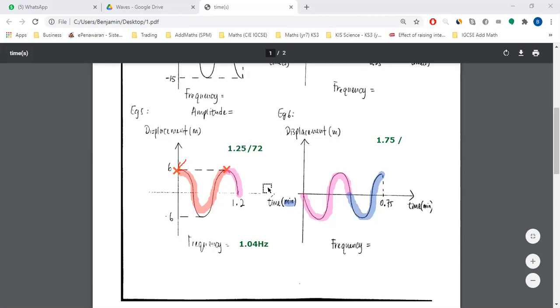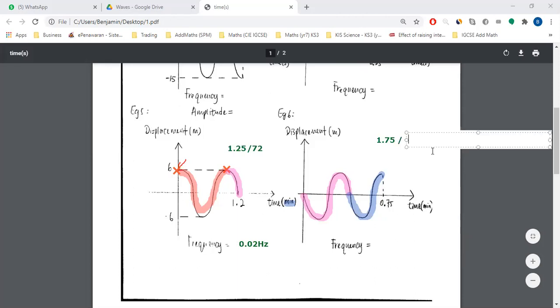So 1.25 divided by 72, 0.02 hertz. 0.02 hertz. So this one I changed it. Okay, the last one, same. The last one is also in minute. So 1.75 divided by 0.75 minute.